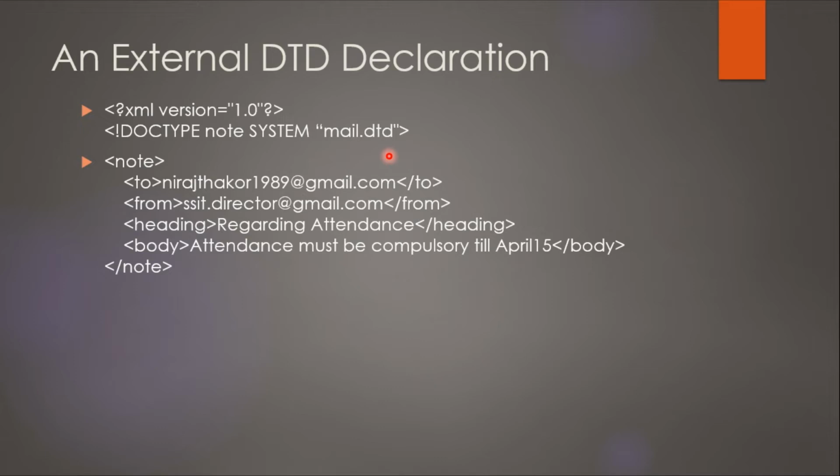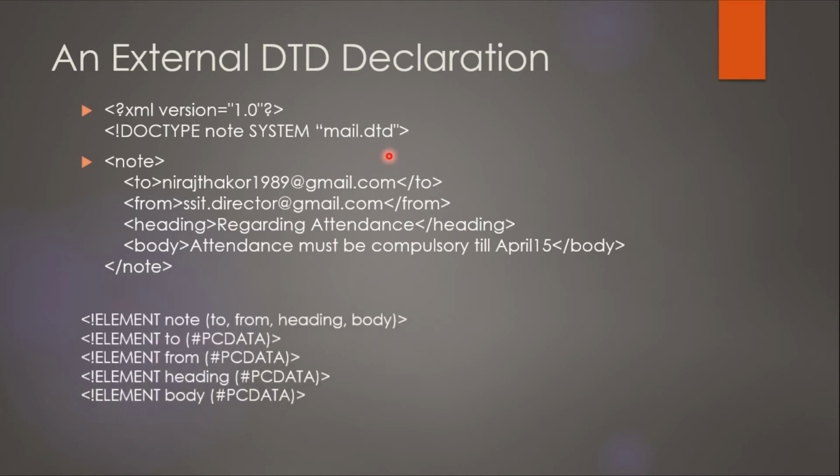Here note is the root node, and to, from, heading and body are child nodes of the root node element. And this is the structure of the external DTD: element note, to, from, heading, body, and these are the body of the note element, to, from, heading and body.